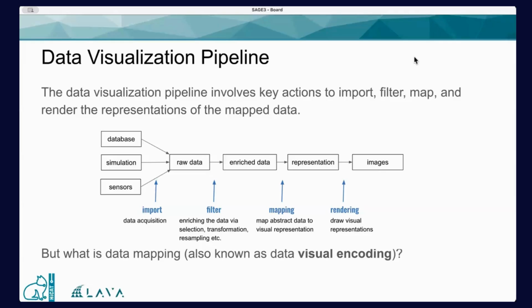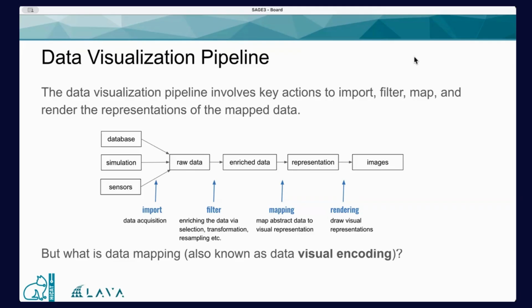It could be cleaning data points that are incorrect, or using transformation functions to get to a different variable. That gives us enriched data. Then we have a step called mapping, which gets us the representation, and the rendering will get us the actual image.